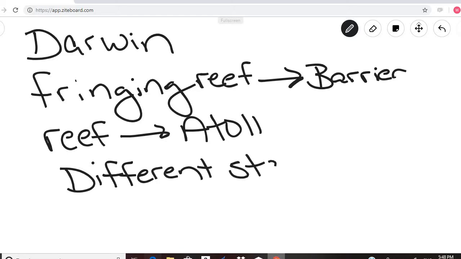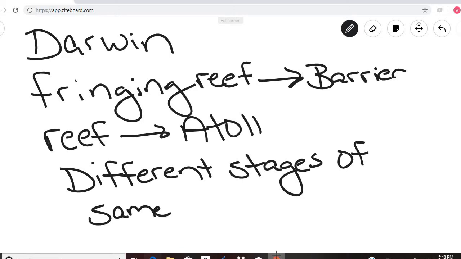So that a reef would start out as a fringing reef, become a barrier reef, and then become an atoll.